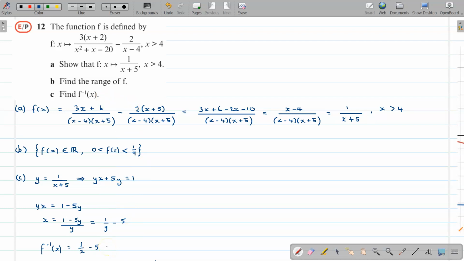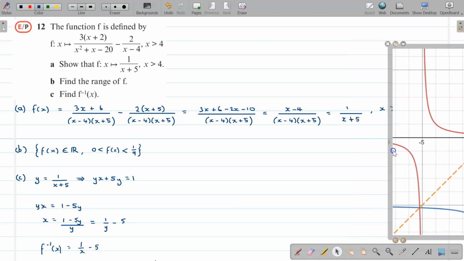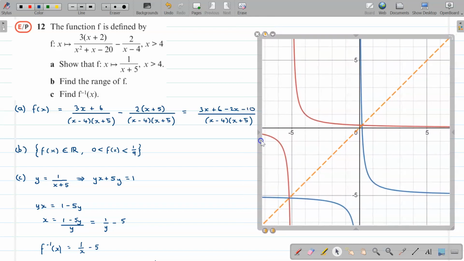And now I'm going to bring in the graphs that I've talked about, and of course you would be looking at this on your graphics calculator, hopefully quite early on in the process. So if I just bring that in now, you can see that the red line is the original function f of x. You should recognize that it's a transformation of the graph 1 over x, 5 units to the left.